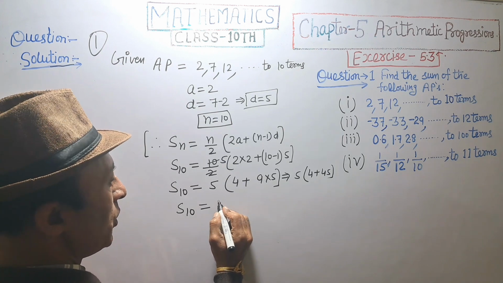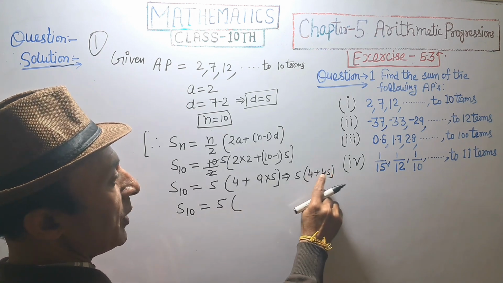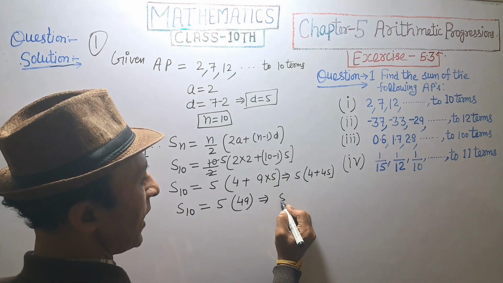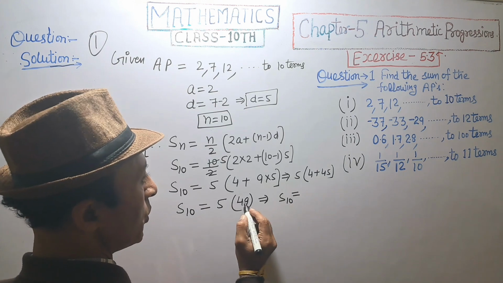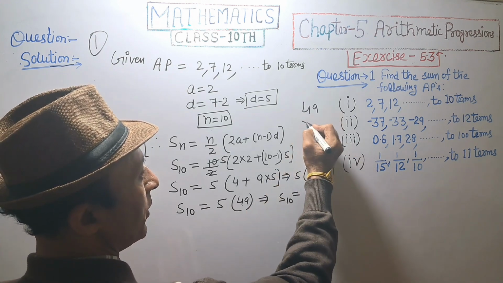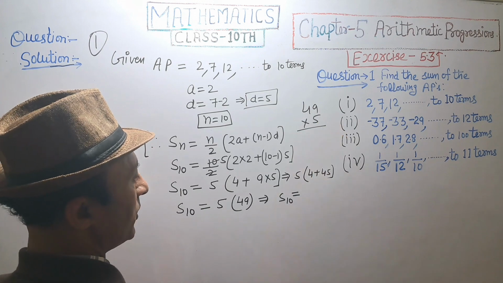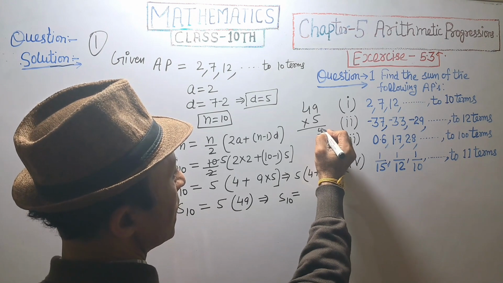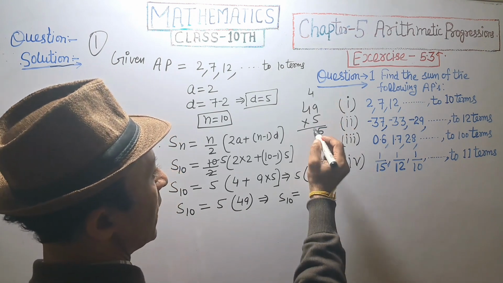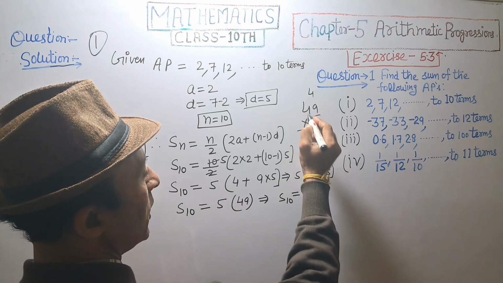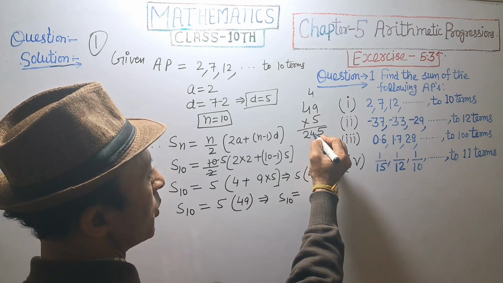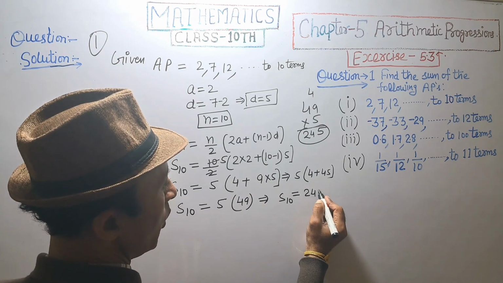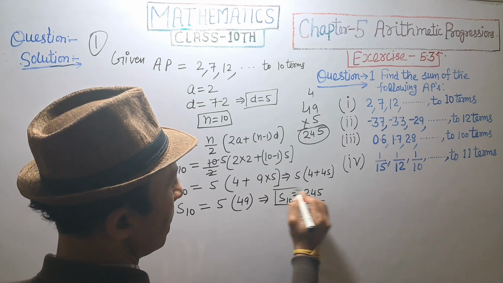S10 is equal to 5 into 45 plus 4 is equal to 49. This implies S10 is equal to 49 multiplied by 5. 9 5s are 45, 5, 4 carry, 5 4s are 20, 20 plus 4 is 24, so 245.